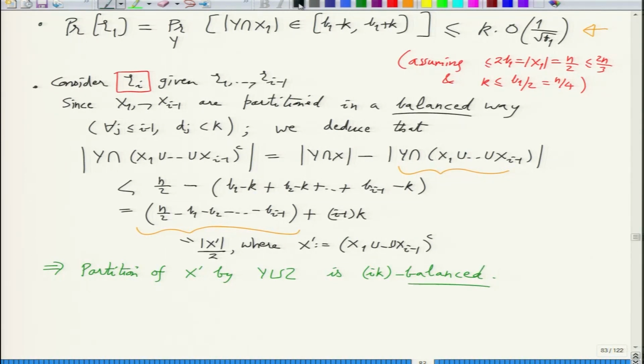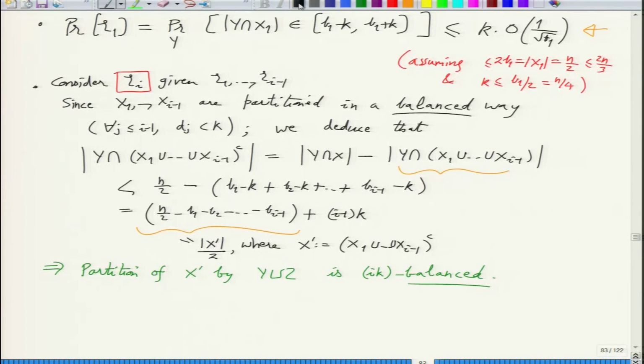So even when you are looking at this intermediate probability, or probability of the intermediate event, the partition is nearly balanced. Okay, so the situation is not very far from even.